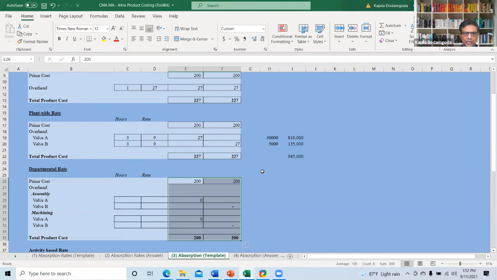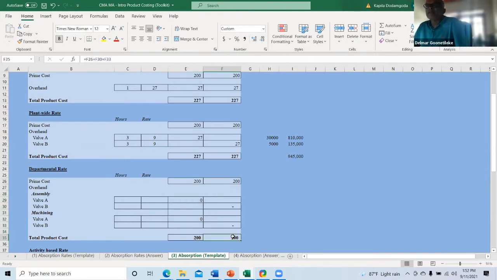What was the answer that you got for valve A and for valve B? Total product cost is 223 and 253. The other one? 251. 251, sir.